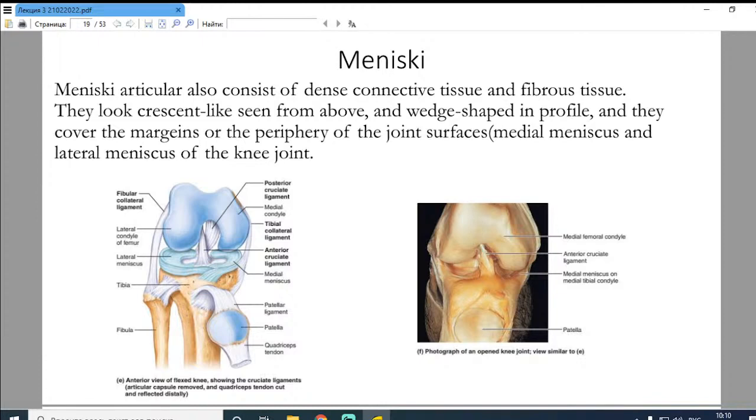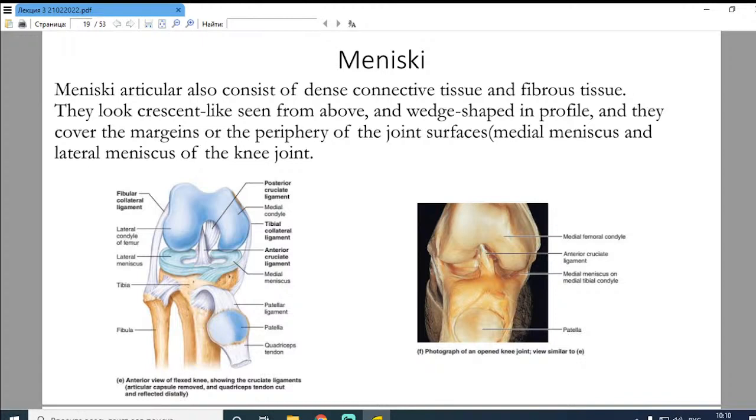This is the fibular collateral ligament, and you see the tibial collateral ligament. The capsule is absent. This is the medial femoral condyle, and you see the anterior cruciate ligament and medial meniscus on the medial tibial condyle, and you see the lateral meniscus.